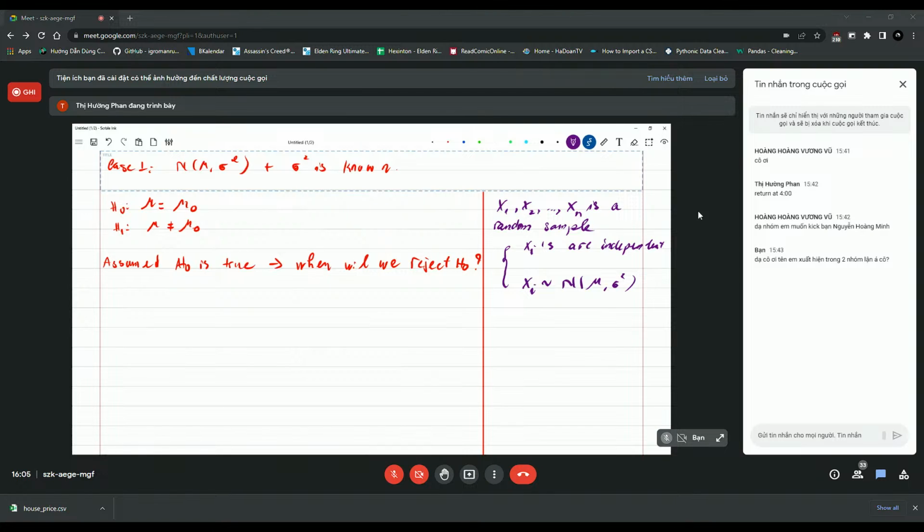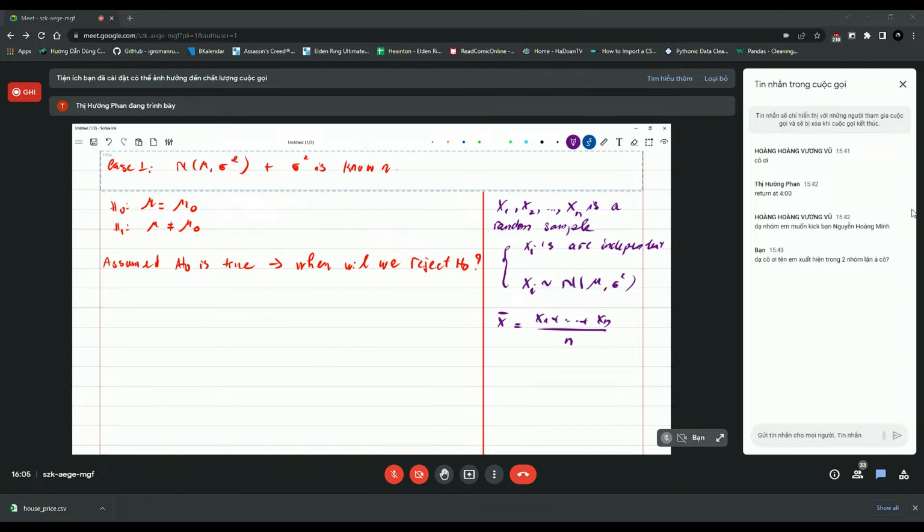So we already have the random sample. Of course, we're able to find the estimate of the parameter mu. The estimate of the population mean is given by S bar equals (S1 plus ... plus Sn) over n.